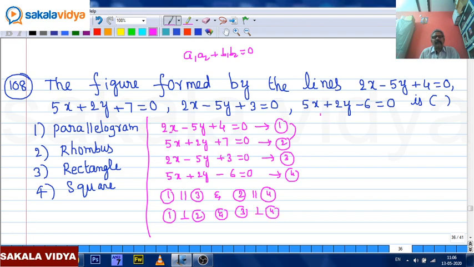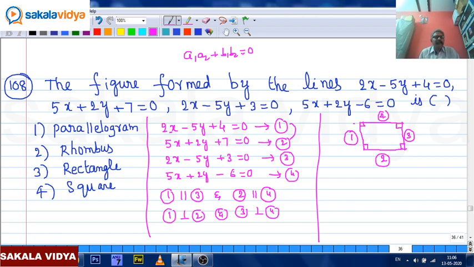Now you can draw the figure like this. So you will be getting a figure like this. So now 1 and 2 are perpendicular, 2 and 4 are parallel, and next 1 parallel to 3. This is equation 1, this is equation 2, this is equation 3, equation 4. 90 degrees, 90 degrees, 90 degrees, 90 degrees.